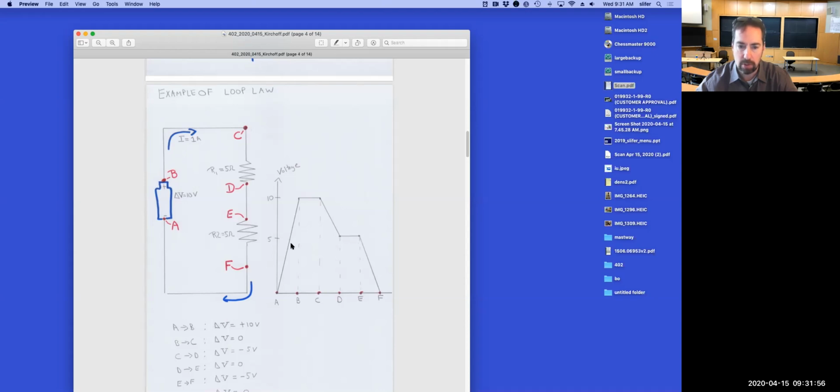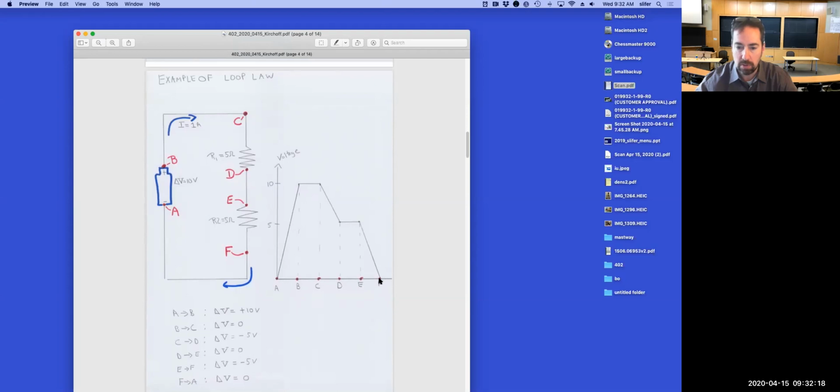It stays at 5 volts. And then I have one more potential drop as that current flows through this 5 ohm resistor. I'm going to have another 5 volt potential drop, and that is signified by E to F. So I get back down to 0 volts.